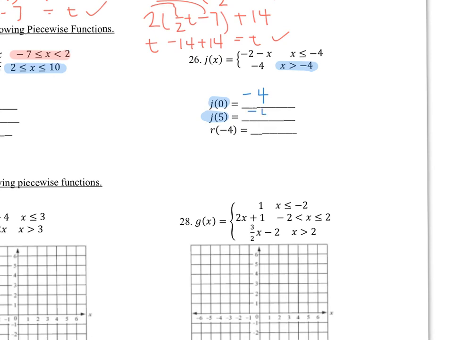So it's going to stay negative 4, and negative 4, I'm plugging that into my top equation because it's equal to negative 4. So I have negative 2 minus negative 4, which is negative 2 plus 4, which is 2.